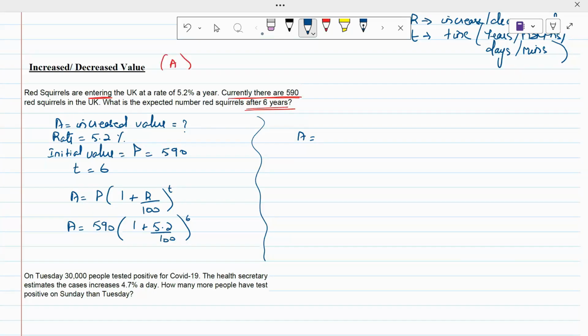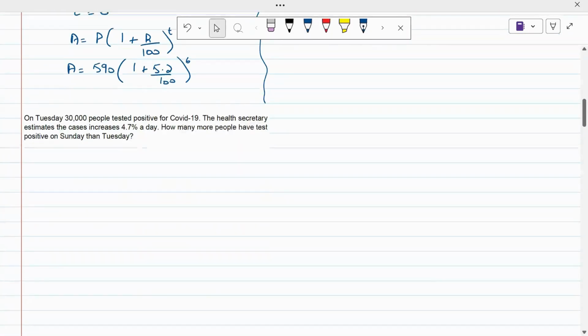We're getting 799.7. When rounded to three significant figures, it would be 800 squirrels. Any questions up till here? Anything which is not clear? Okay, I don't see any questions. Let's move on.